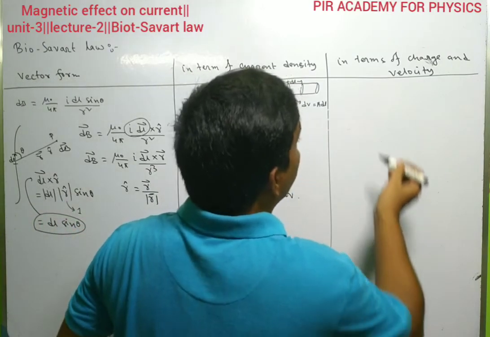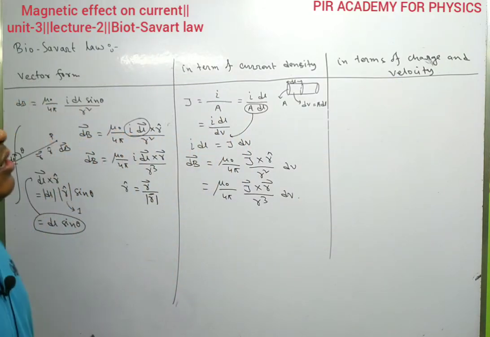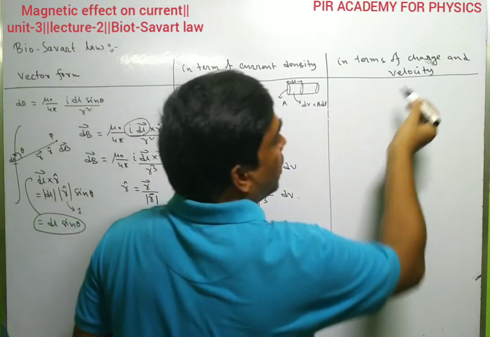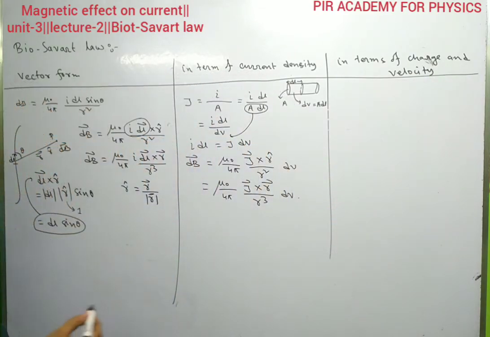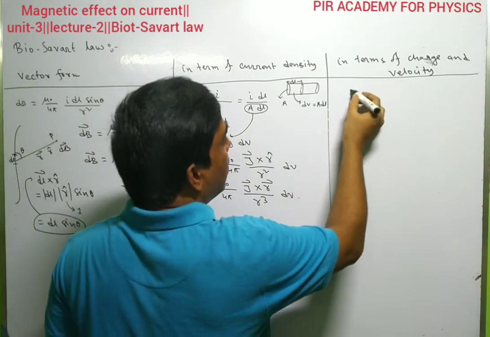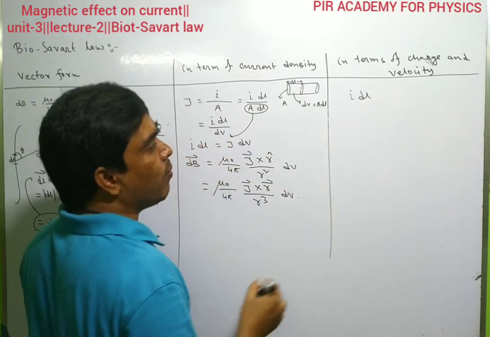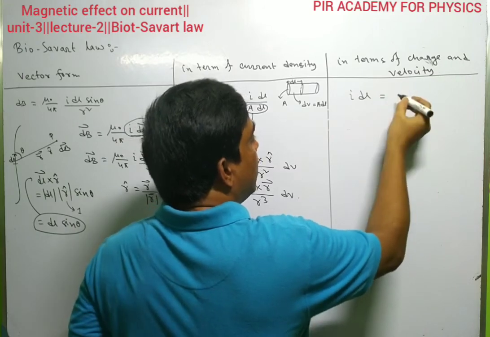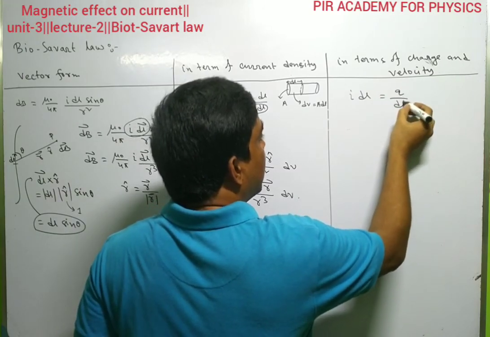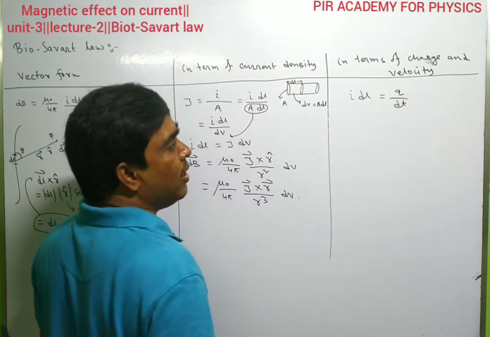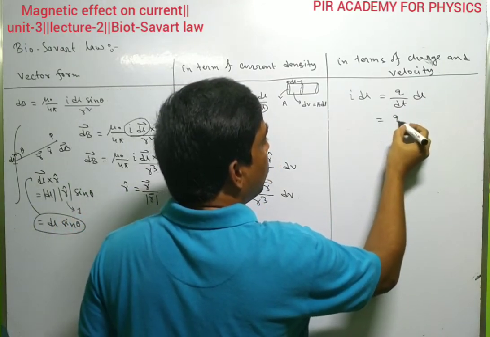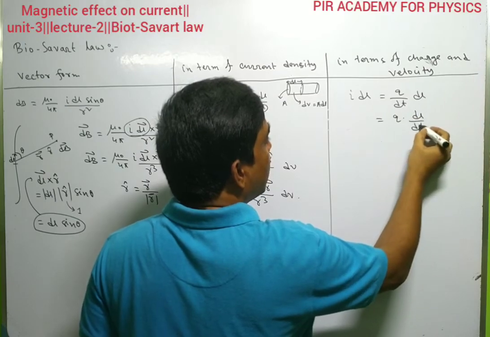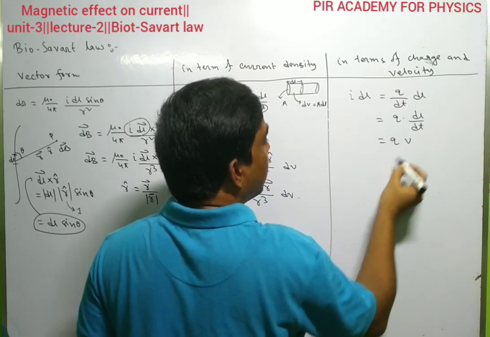Now if you want to express the equation of magnetic field in terms of charge and velocity, then here is I dl. I can be written as dq by dt, and here is dl. So it will be q into dl by dt, which can be written as q into v.